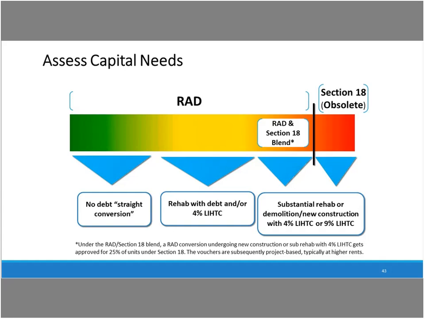So under that scenario, you're able to leverage the maximum amount of capital that is available given the economics of your project. So you're spending the greatest amount on rehab, so your basis is the greatest. Using the 9% credit, you're able to attract the greatest amount of equity.